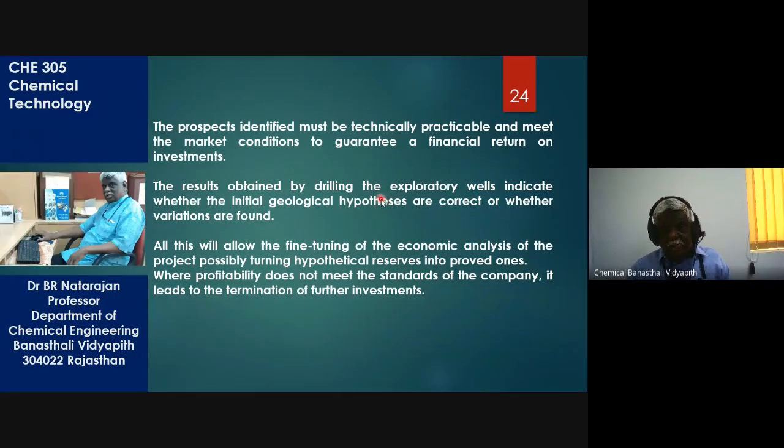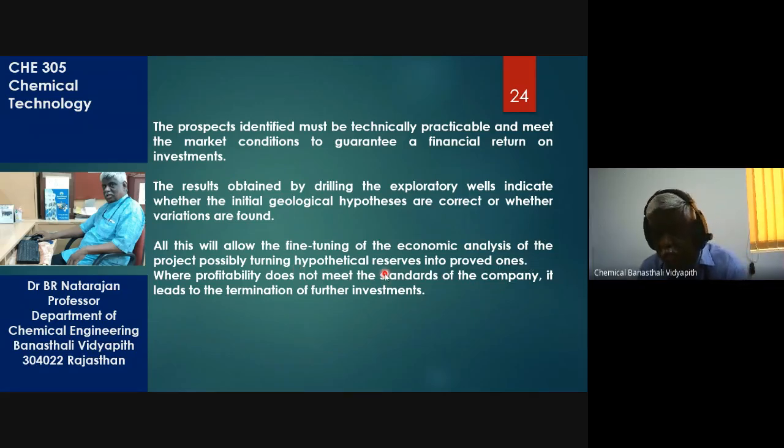The results obtained by drilling the exploratory well indicate whether the initial geological hypothesis is correct or whether variations are found. All this will allow the fine-tuning of the economic analysis of the project, possibly by turning hypothetical reservoirs into proved ones.